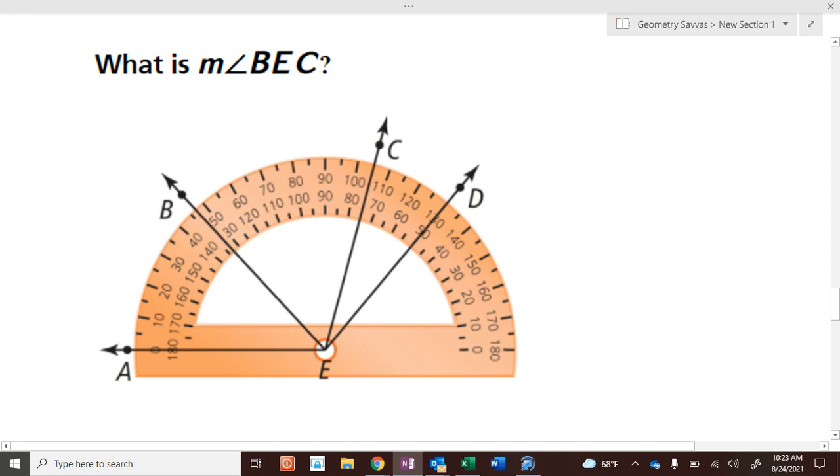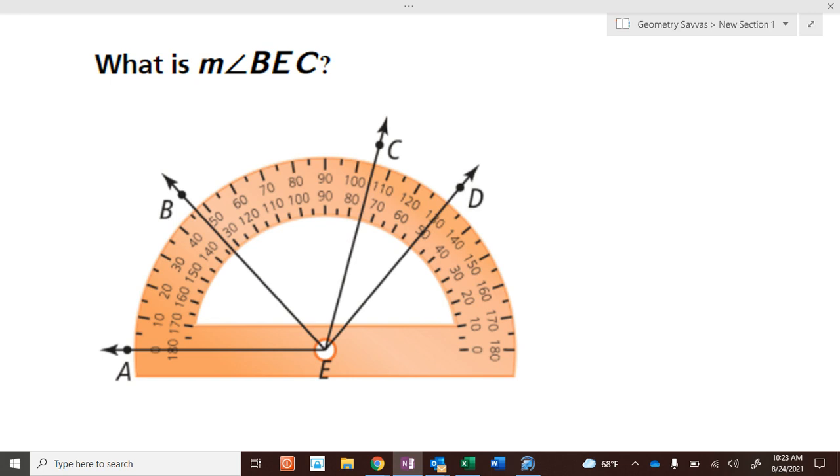Now, BEC, neither one of them starts at 0. B is out here, C is here. So I got to figure out how many degrees just plain and simple B is. Okay? So let's use this outside, Amiria. And what would you say B would be approximately? About how many degrees? Bigger than 45, because 45 is right here.